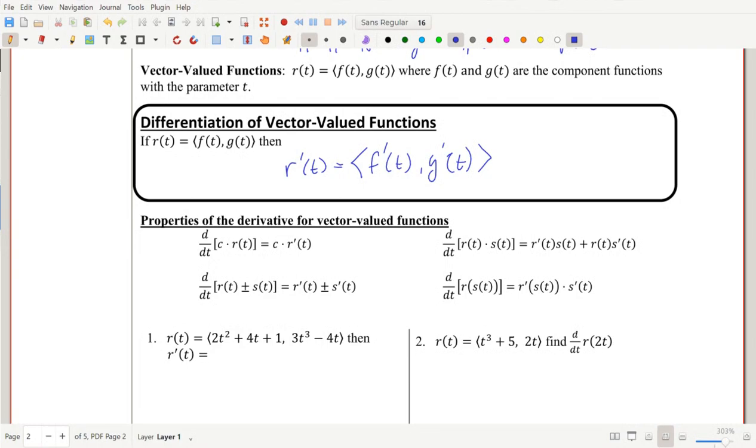Actually, I don't know why Mr. Bean doesn't have that there, so maybe I'll add those in as they are simple to write. So c f prime of t, comma c g prime of t. So constant multiple does what you would expect. If I put a 2 in front of the problem, that just puts a 2 in front of everything.